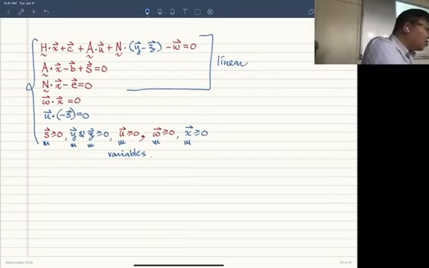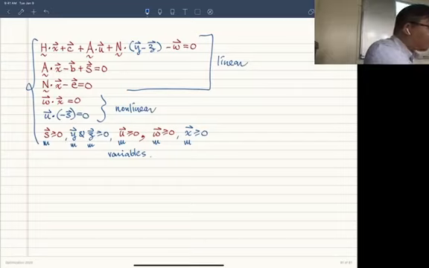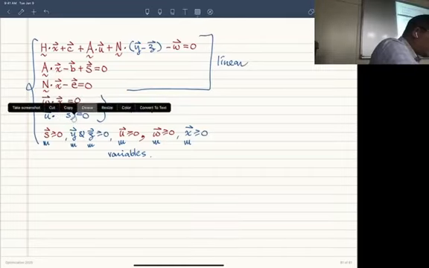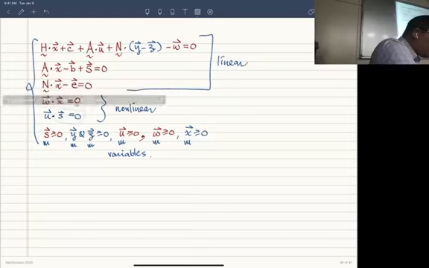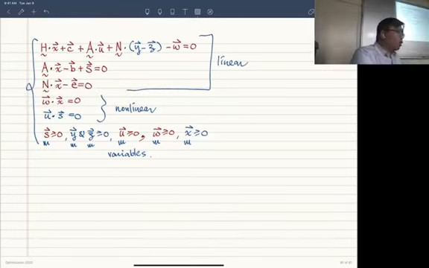And how about the other two? The other two are nonlinear because they are, we don't need a negative sign here. We don't need this because it doesn't change anything. So these are the product of two variables, and they must be 0.